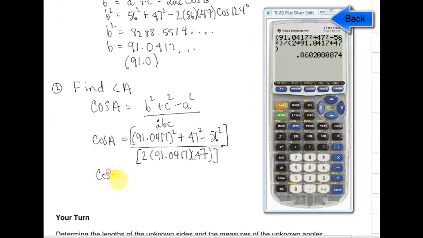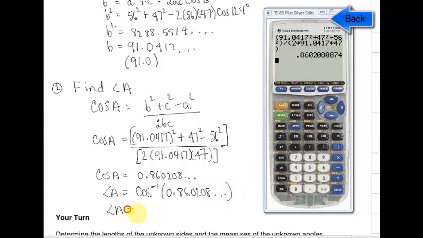that cos of A is equal to 0.860208, and so angle A is equal to the inverse cos of 0.860208. So let's work that out.